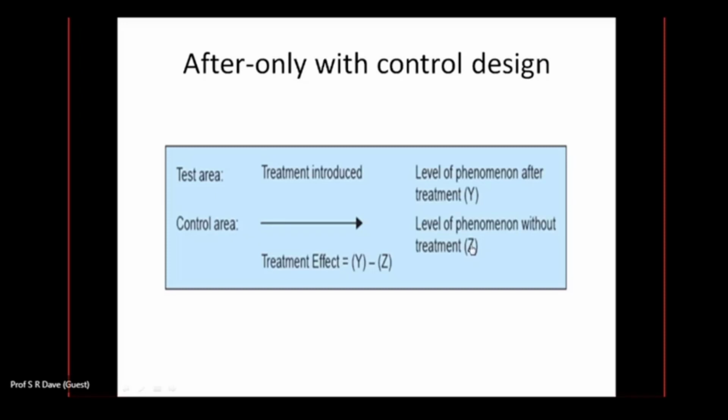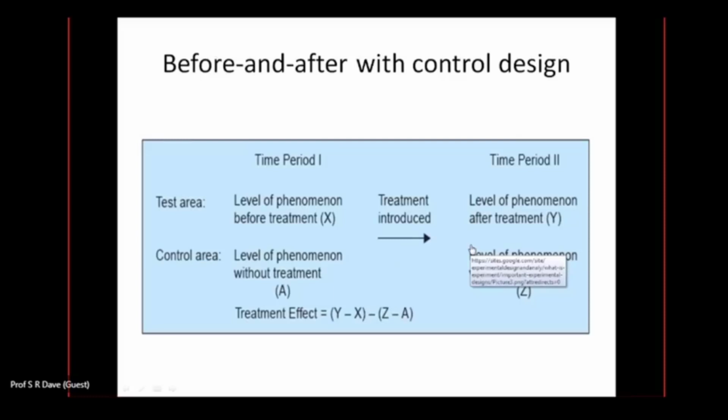So we have to go for the third one, a very simple one: before and after with control. This is a control experiment where we take the reading before we start the experiment, then we do the treatment and take the reading. That is Y, and the reading before the experiment is X. In control, we put a control flask without inoculum or without enzyme or whatever it may be, meaning the absence of treatment.